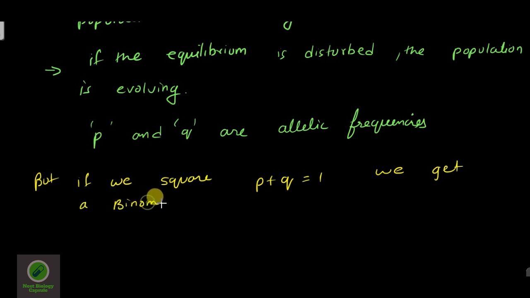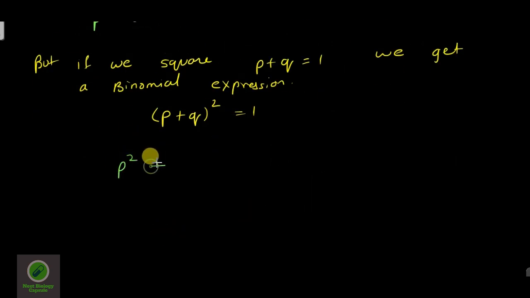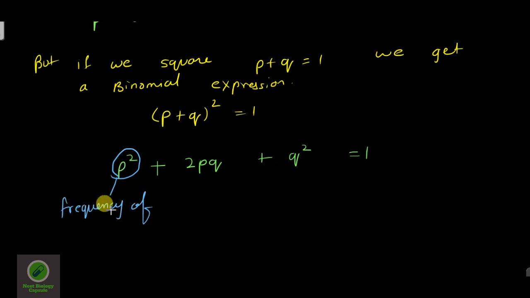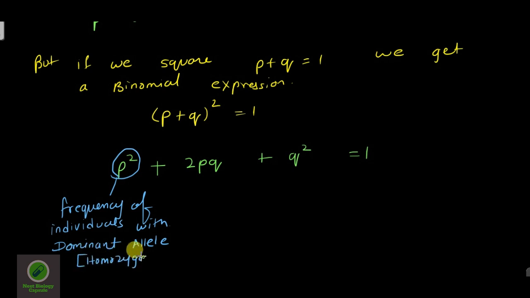Now let us assume that if we square p plus q, we get a binomial expression that we have learned in earlier, lower classes: p square plus 2pq plus q square, which equals 1. Here p square represents the frequency of individuals with the dominant allele. Try to understand, p is the frequency of allele, but p square is the frequency of persons present in that population.